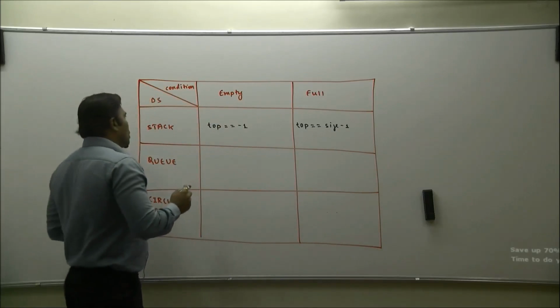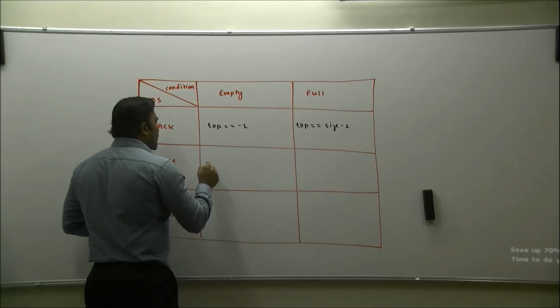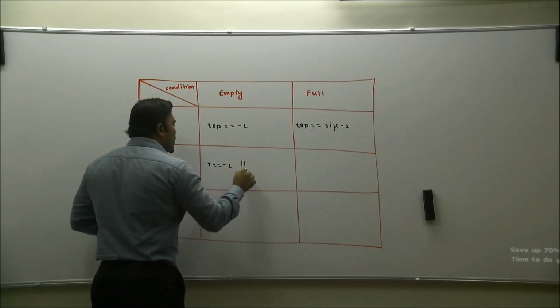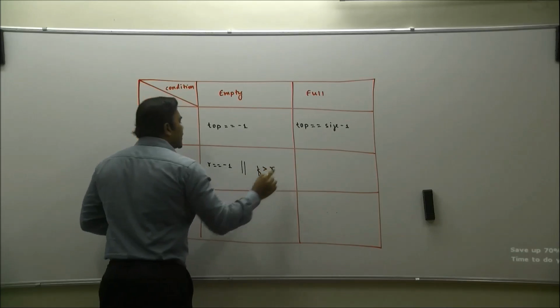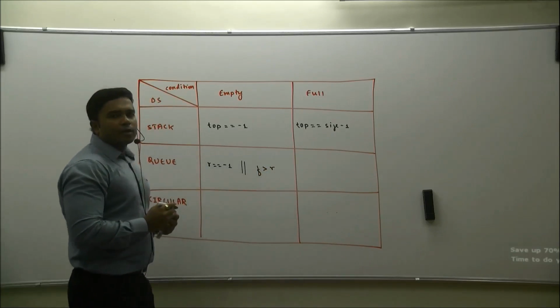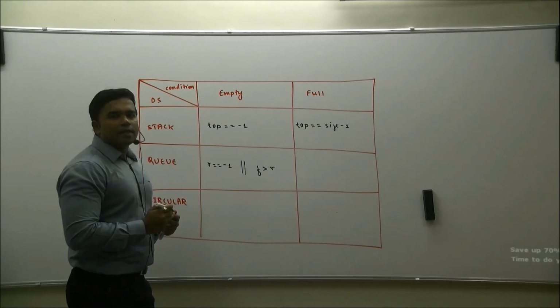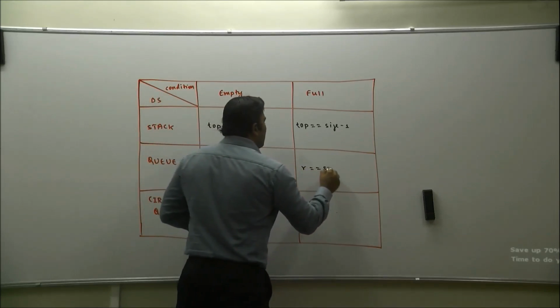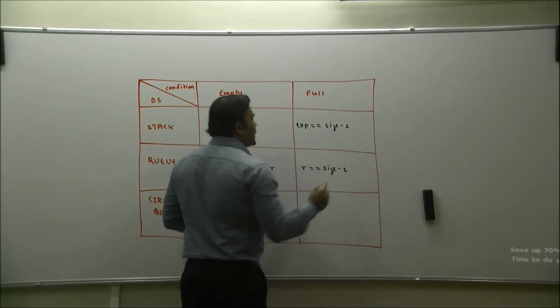Similarly, queue is said to be empty if rear is equal to minus 1 or if front is greater than rear. All that pictorially I have represented previously. It is said to be full if rear is equal to size minus 1.